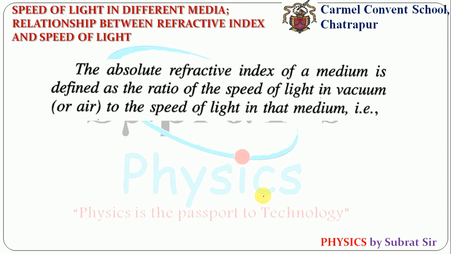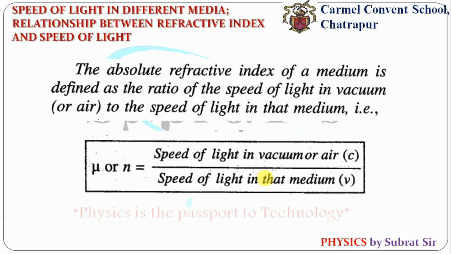So absolute refractive index is a ratio of the speed of light in two different media, but it should be the ratio of the speed of light in vacuum to the speed of light in the medium for which you want to find the absolute refractive index.